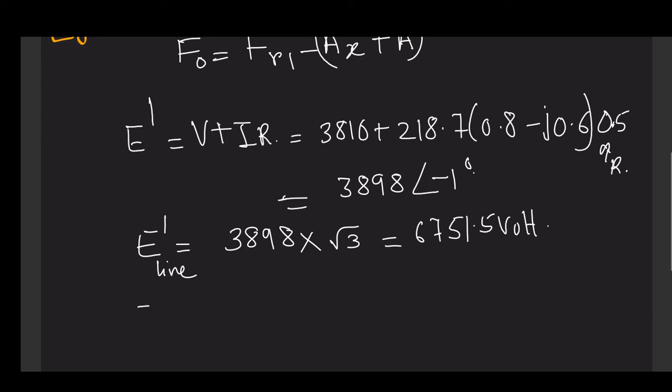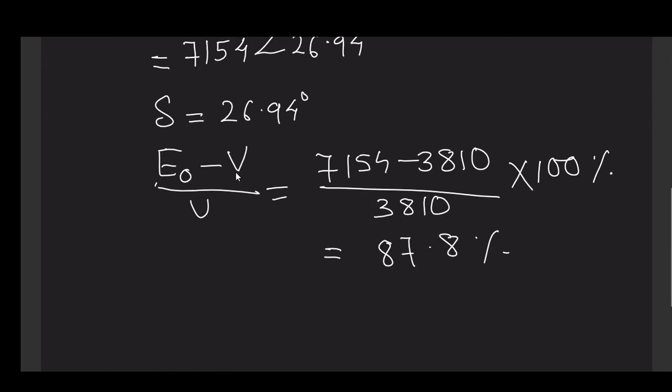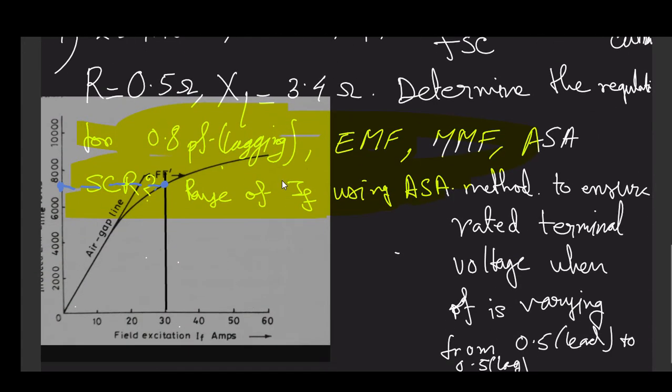Now we have to figure out the FR1. What is FR1? This much. So how to figure out FR1? We can find it out from that curve. From here we have to figure out which value of field current is responsible for producing this 6751.5 volt.